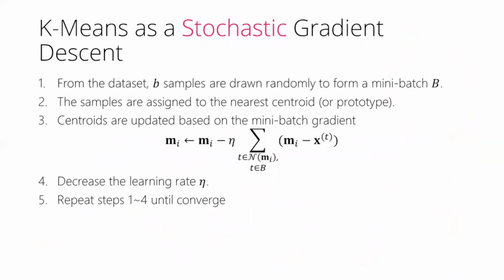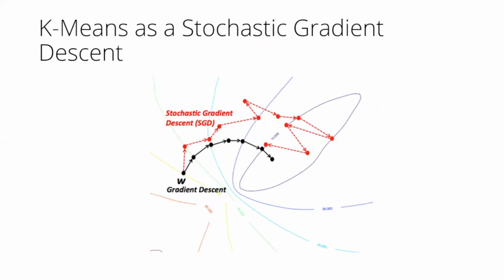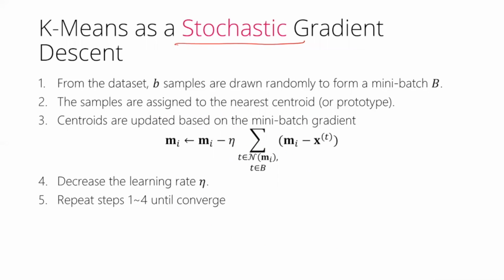Another nice thing about the gradient descent formulation is that you can make the gradient computation more stochastic. Instead of trying to compute an exact gradient, you can compute a stochastic gradient. So instead of just going through the pseudocode, here's a more graphical, more visual illustration of what happens. In order to compute the actual, rigorous, exact gradient, you're going to need to go over all the members of a cluster and sum them up.